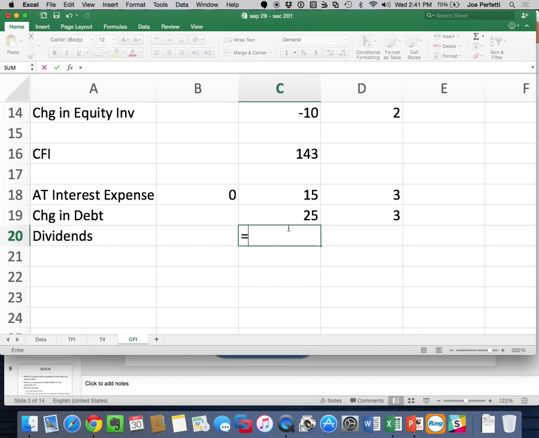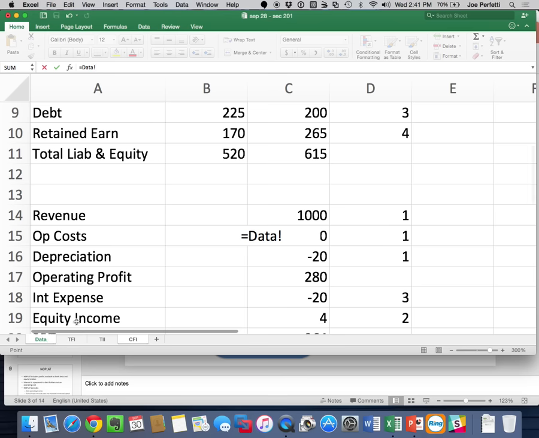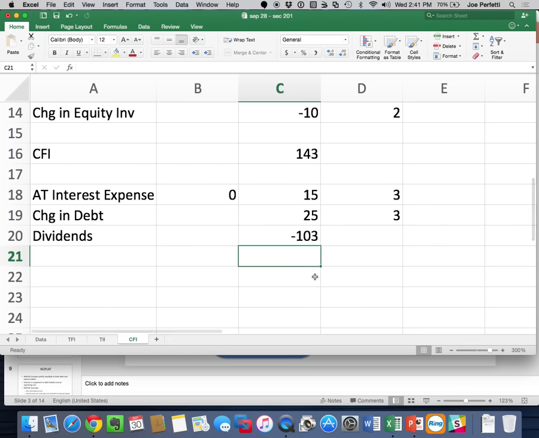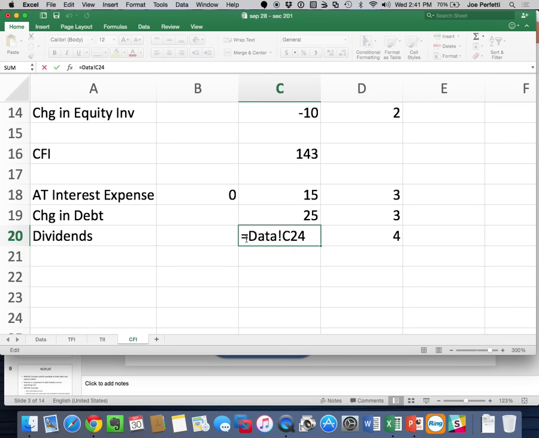Now the dividends were listed in the data tab as an assumption that come off the cash flow statement. The dividend was 103. On this statement, should that be a positive or a negative number? Positive, because it's a payout. Everybody see what we just did?